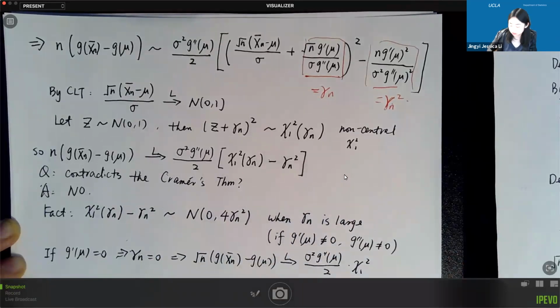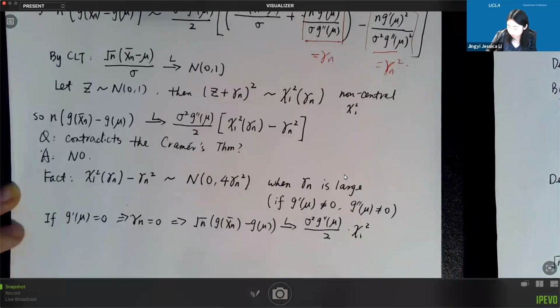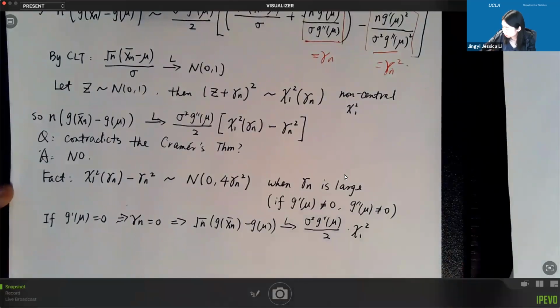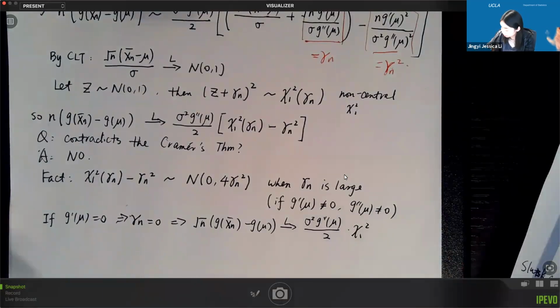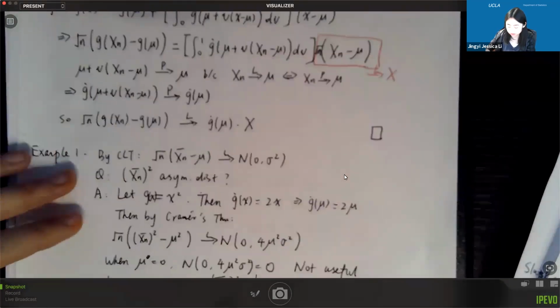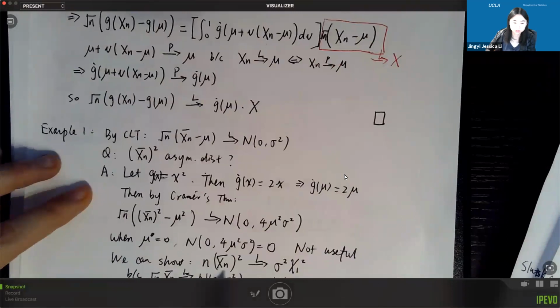And this is just a standard chi-square. There's no shift. This is exactly the case we saw in example 1, about the distribution of Xn bar squared.